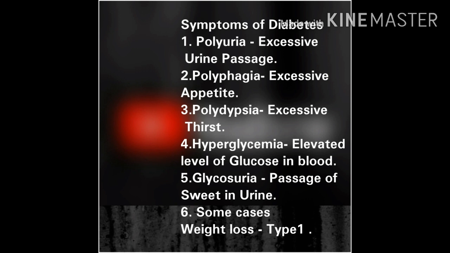And sixth, in some cases there is weight loss, or weight gain, depending on type 1 and type 2 diabetes. In type 1 patients, basically weight loss is there. In type 2 diabetes, patients can gain weight. So these are the symptoms of diabetes.